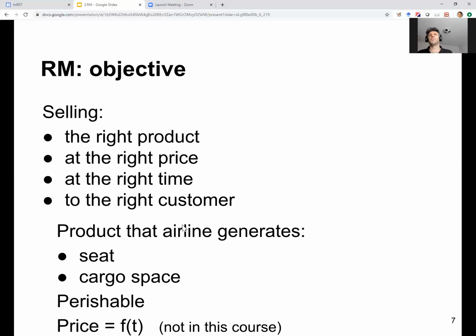So returning to revenue management for an airline, it's a perishable product. We know what the airline sells and to whom it sells. And the price, in principle, should depend on the time.